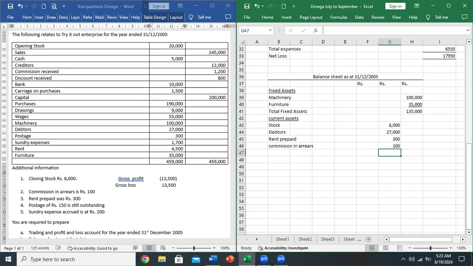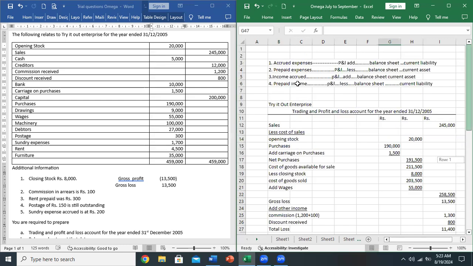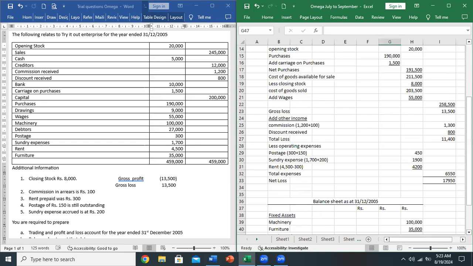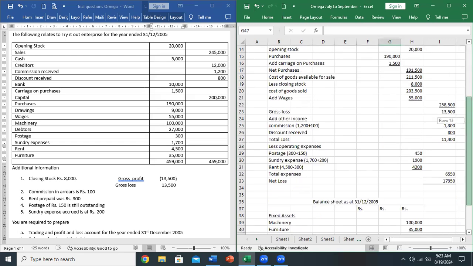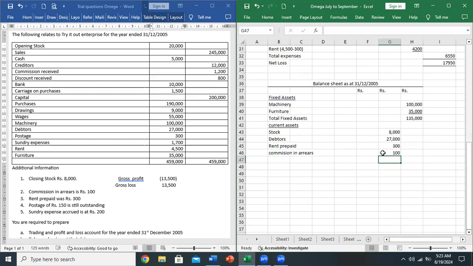And it also satisfies the principle that when an income is in arrears or accrued, you add it to the income, and in the balance sheet, it is a current asset. So you see that the commission in arrears, we added the 100 in the profit and loss account. In the balance sheet, we are showing it as a current asset. So that is how they play out.